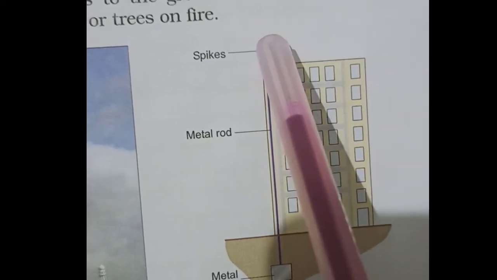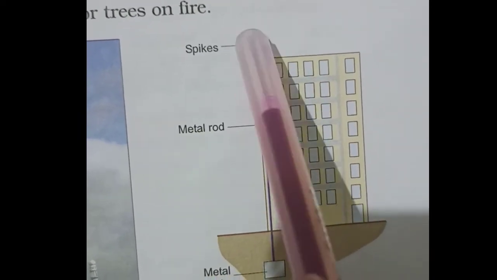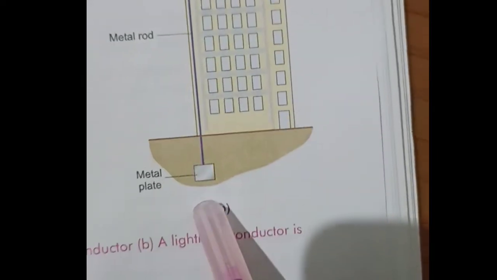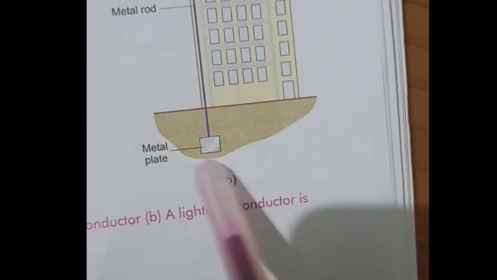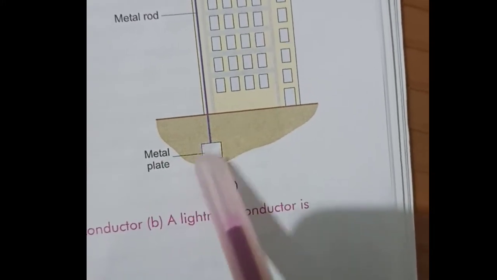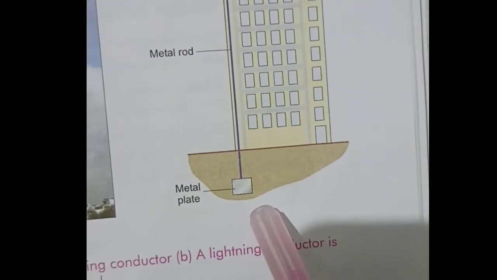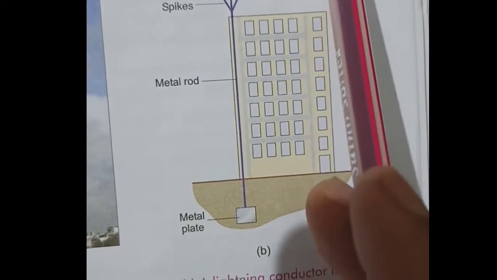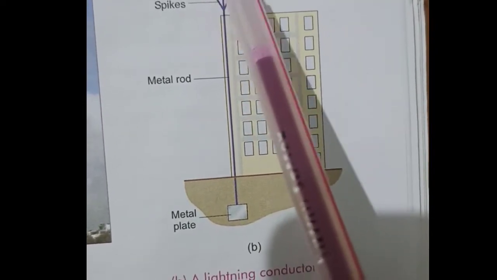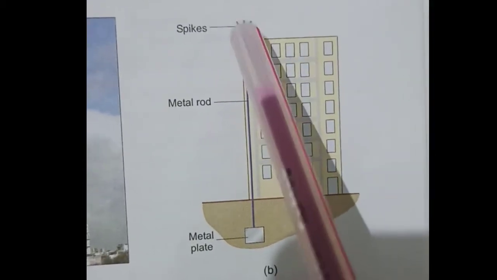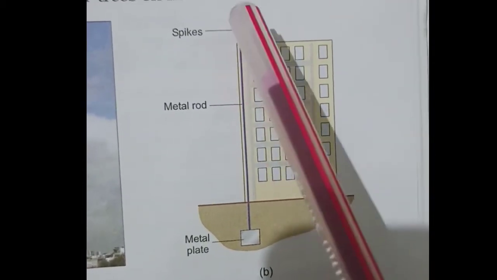How will it flow? Because this is connected straight to a metal rod, and that metal rod is buried deep inside the earth, and inside the earth there is a huge metal plate, a very big one. So when lightning tries to strike the building, this good conductor, copper especially, attracts it towards itself.